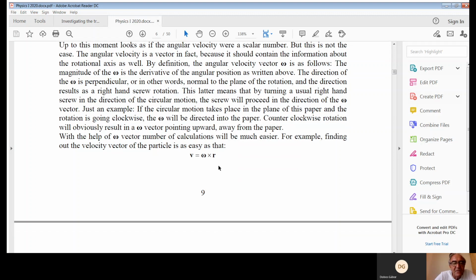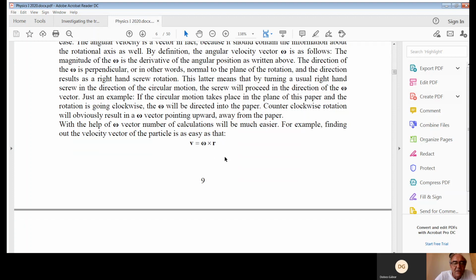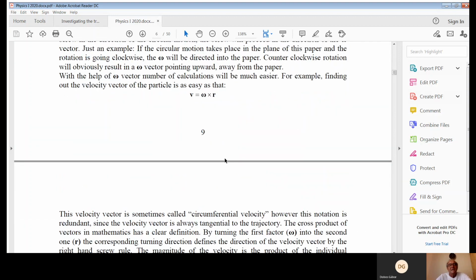And the first example of this is the velocity. So if we have a particle which is having an omega angular velocity, then the velocity of the particle is omega cross r, which means the omega vector and the r position vector are cross-multiplied in a mathematical way.